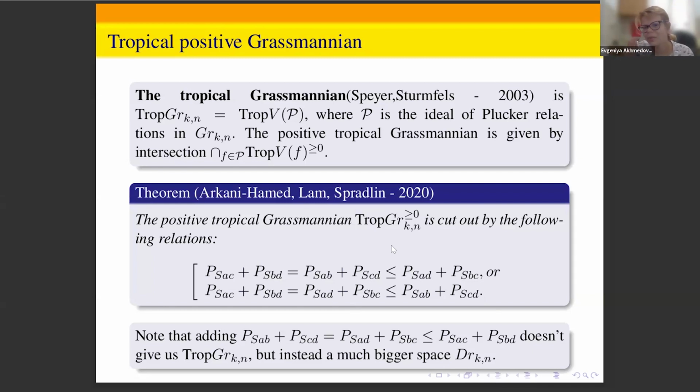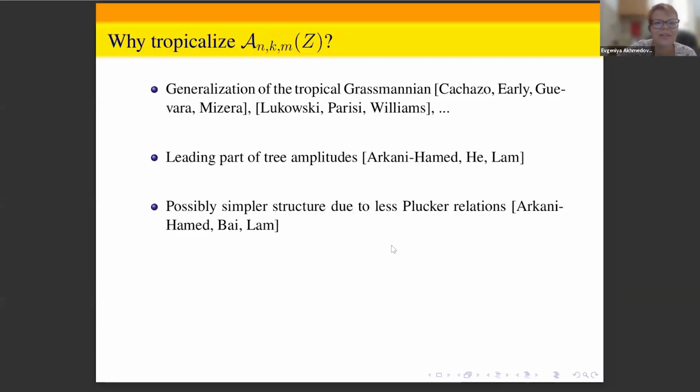Okay, so this is where a hope for a simpler object for the tropical Amplituhedron comes from. Part of it is that we have the tropical positive Grassmannian having a somewhat nice structure. So what are our motivations to define the tropical Amplituhedron?